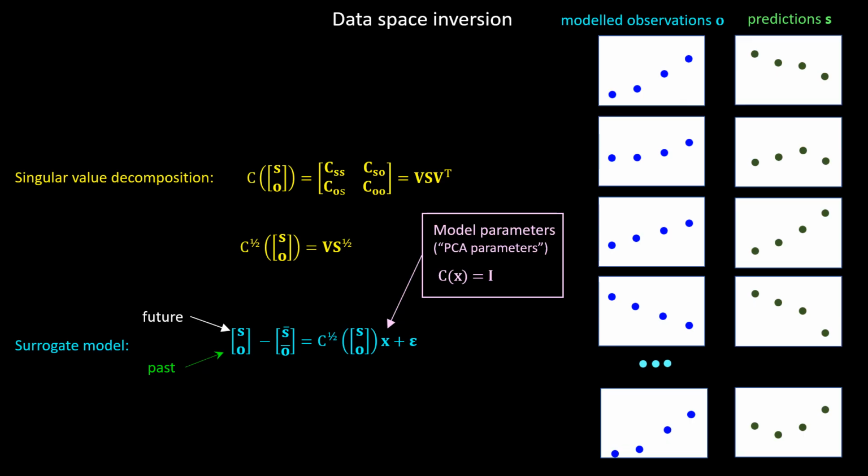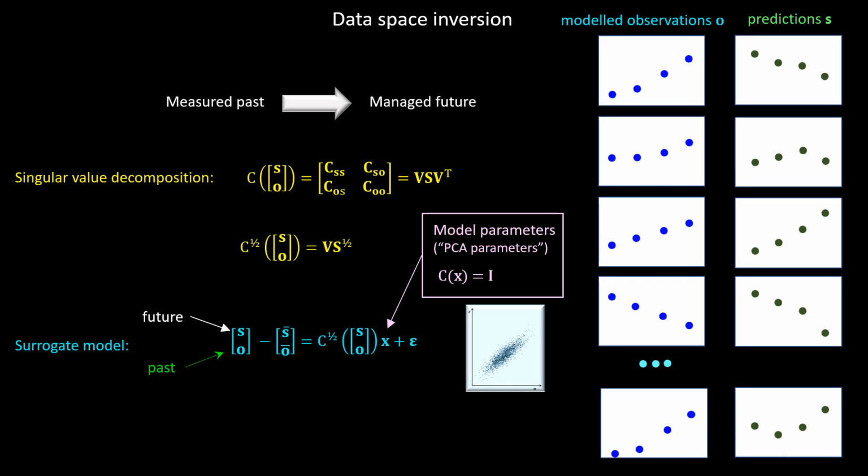And it's easy to show that if I generate random realizations of X, the statistical relationship between O and S as generated by this model is exactly the same as the statistical relationship between model outputs and predictions as calculated by the complex numerical model. So this then becomes my replacement model. It provides the statistical relationship between the past and the future.